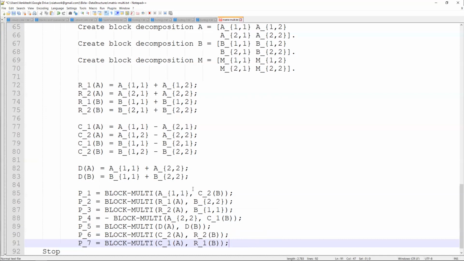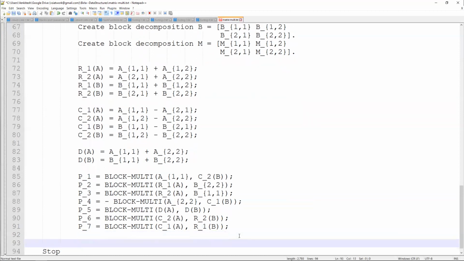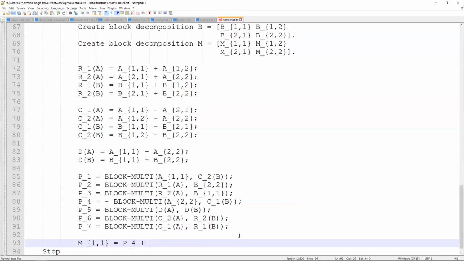That's it. So how many block multis have we used here? We have used block multis of n by 2 cross n by 2 matrices 7 times, not 8 times, only 7 times. That will make all the difference. Okay. Further now, how do we get the blocks? So now the formulas are M11 is, so I'm just copying, P4 plus P5 plus P6 minus P2.